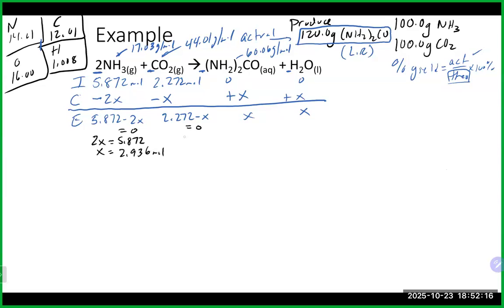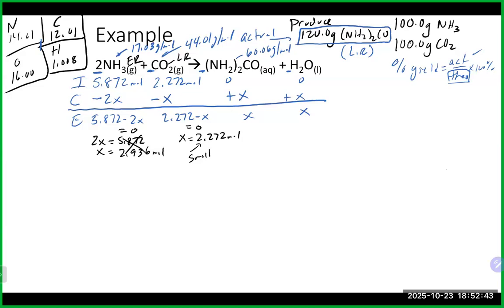Setting this equal to 0 basically gets us x is equal to 2.272 moles, and pretty close, but it looks like this guy is too big. So this again is our smallest number of moles. That tells us in this case the CO2 is the limiting reagent, and our NH3 is the excess reagent. Any questions on that so far?